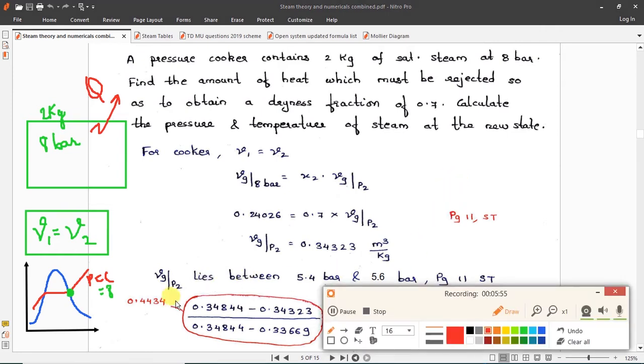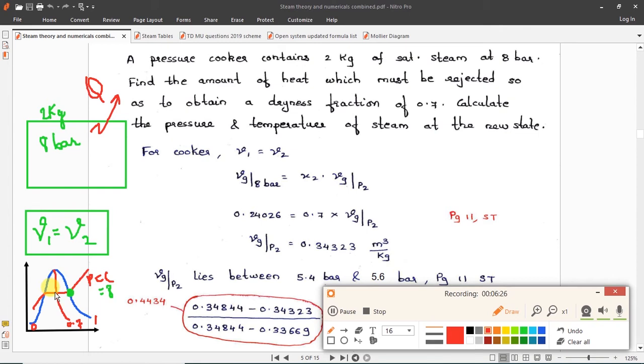Here dryness fraction is 1, here dryness fraction is 0. 0.7 means the point will be somewhere over here. Now obviously this is not a constant pressure process, because we are maintaining volume constant. So your pressure is not remaining constant, and it is not that from this point you will get point number 2 straight down over here.